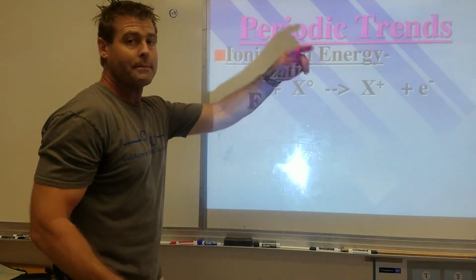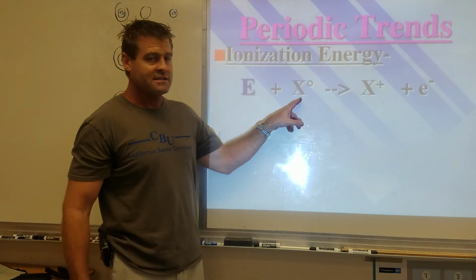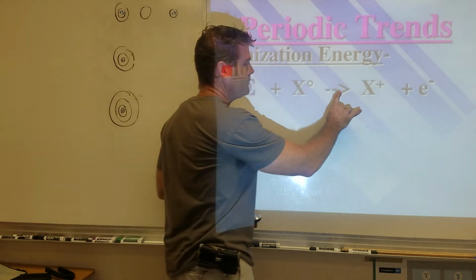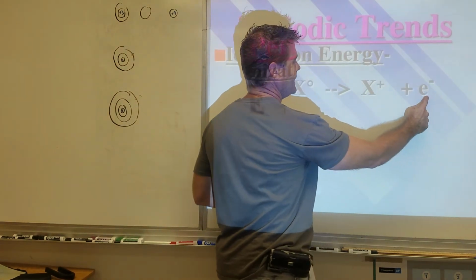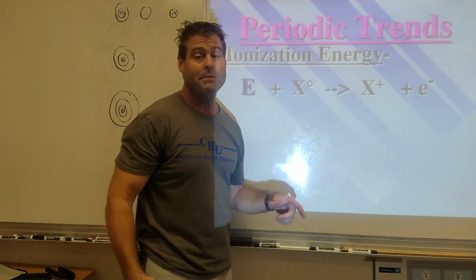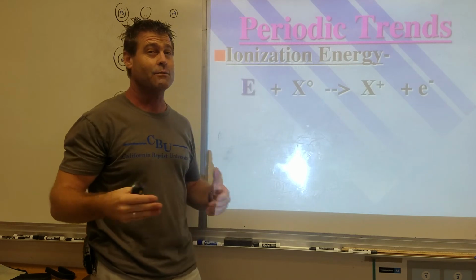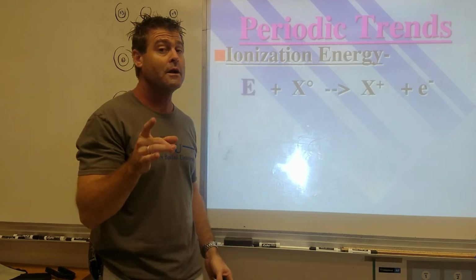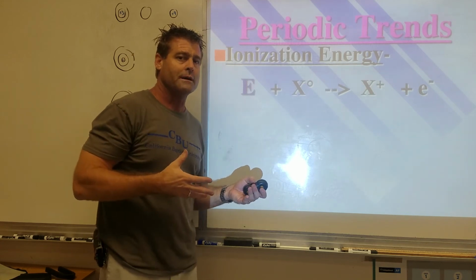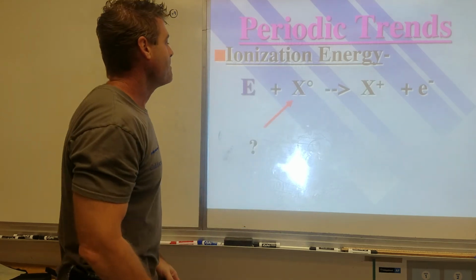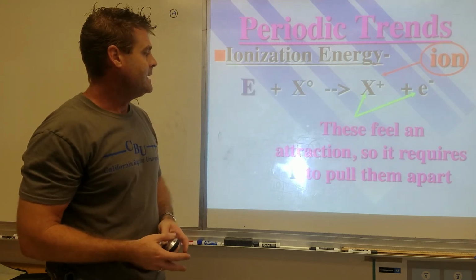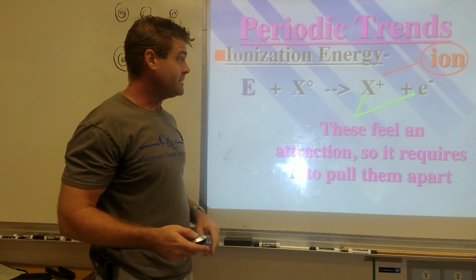This is representing that, E for energy. This is a neutral atom. If energy is applied to a neutral atom, we can remove an electron, and you remember, if a neutral atom loses an electron, it becomes positive. I know that seems kind of weird, but you've got to remember, electrons are negatively charged. So if it has fewer electrons, it itself will become more positive.